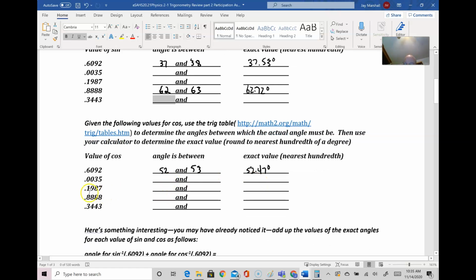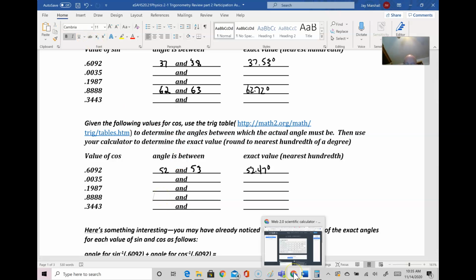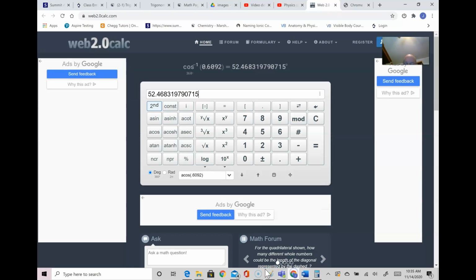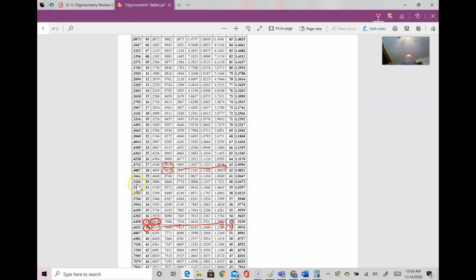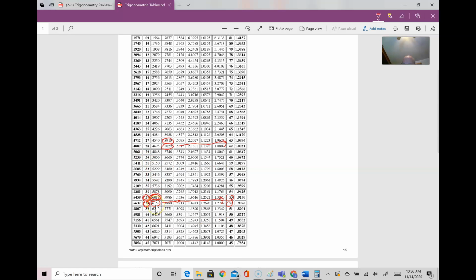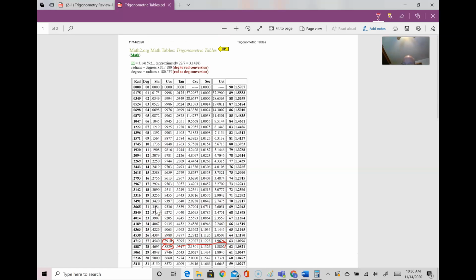And let's do the 0.8888 one again for this. If I go to my trig table again, oops, it's my trig table, and I look at cosine, and I go down here and I find 0.8888.